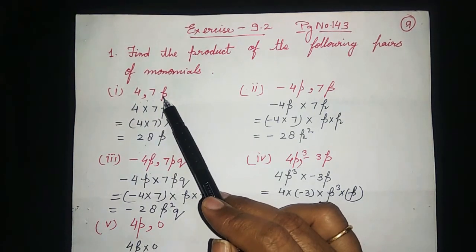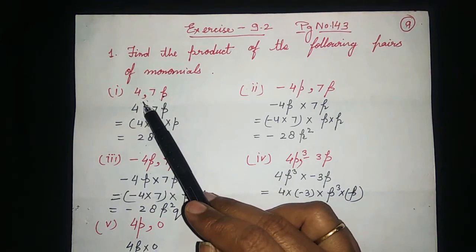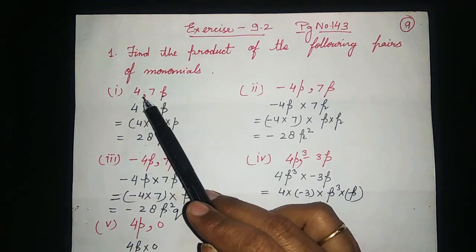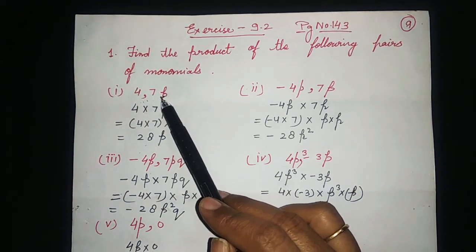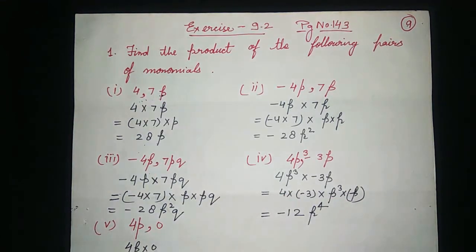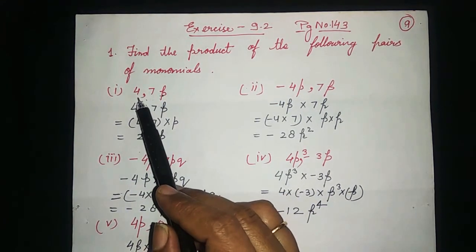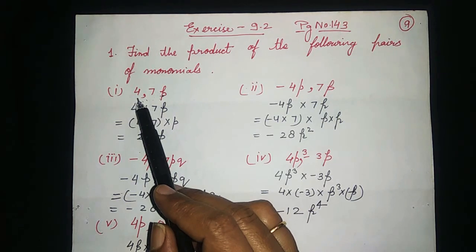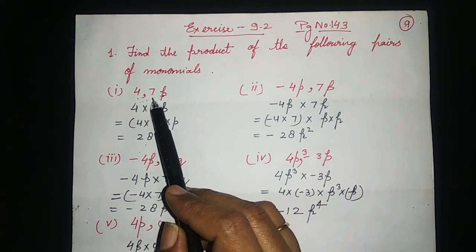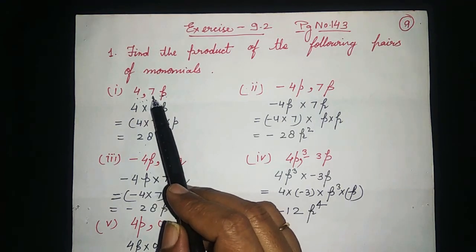If we get two monomials for multiplication, first we will see their numerical coefficients. Here the numerical coefficient of the first monomial is 4 and the numerical coefficient of the second monomial is 7.